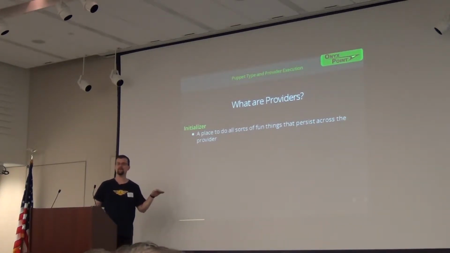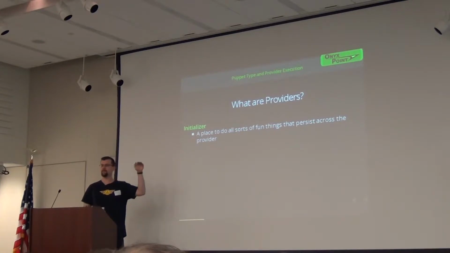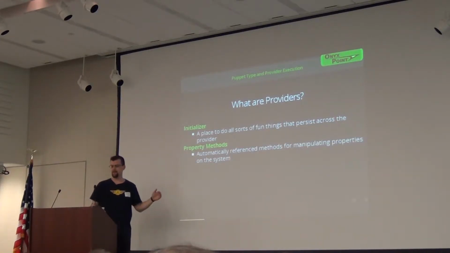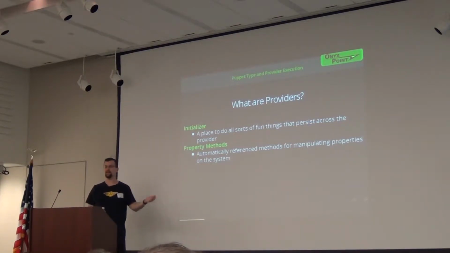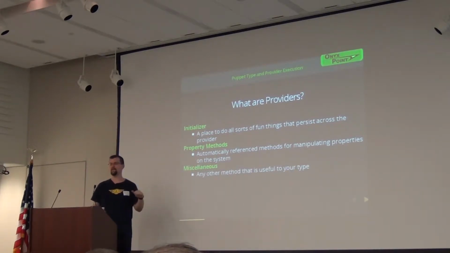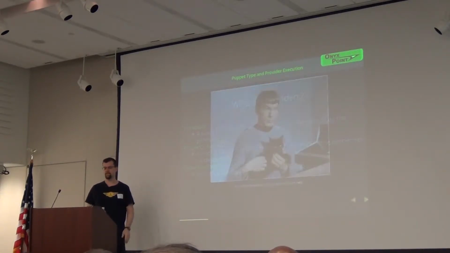Be careful with this because this does go into a higher namespace in Ruby, which means you may end up affecting the state of other resources in your catalog if you're not careful. You have property methods, which are automatically referenced methods for manipulating properties on the system. We'll get to that later. And then there are miscellaneous other things you can define in there, pretty much any method you want, and you can call those from your type or other parts of your provider to affect the state of your system.